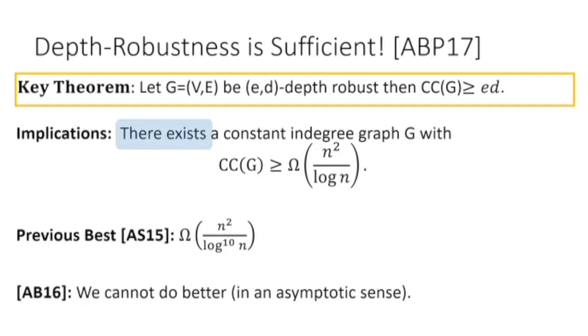Okay, so now something you might have noticed on this slide. The implication here is that there exists a constant in-degree graph. Right, so this result appeared in a Eurocrypt paper, and it's an existential result. It means that there exists a constant in-degree graph with this security property, but it doesn't mean that we actually have a practical instantiation that we can use.